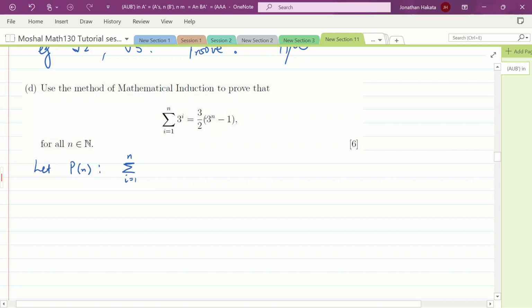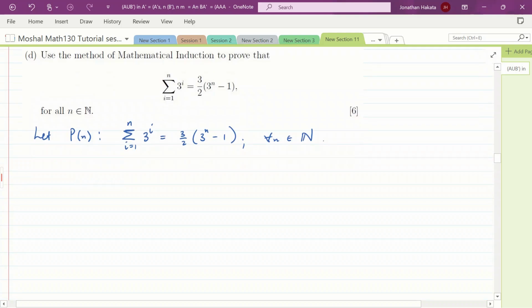The entire thing. So summation from i equal to 1 to n of 3 to the power i equal to 3 over 2 into 3 to the power of n minus 1. This is your Pn. You can just add for all n element of natural numbers. This is our Pn statement.